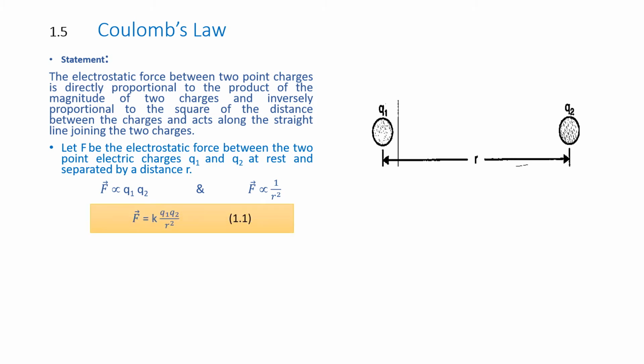And the third part of the law says the direction of the force acts along the straight line joining Q1 and Q2. So, F is a vector and substituting the constant of proportionality as k, F is equal to k into Q1 Q2 divided by r square, where k equals Coulomb's constant.